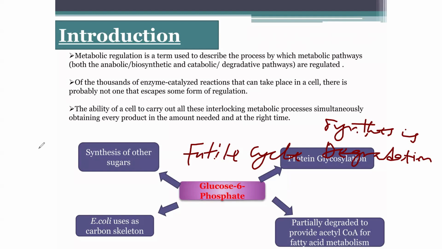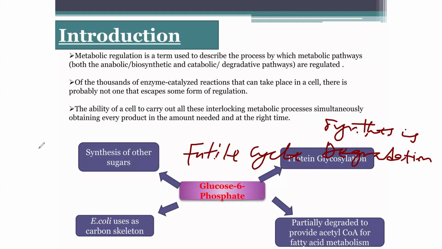Glycolysis is the breaking down of glucose, while gluconeogenesis is the synthesis of glucose molecules from non-carbohydrate raw materials. So it's not possible to have gluconeogenesis and glycolysis at the same time. One must take place before the other.